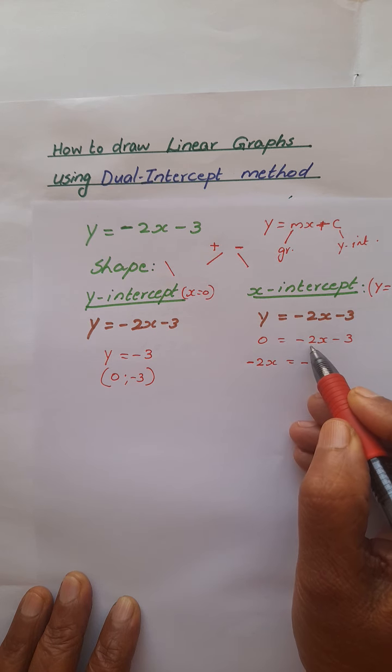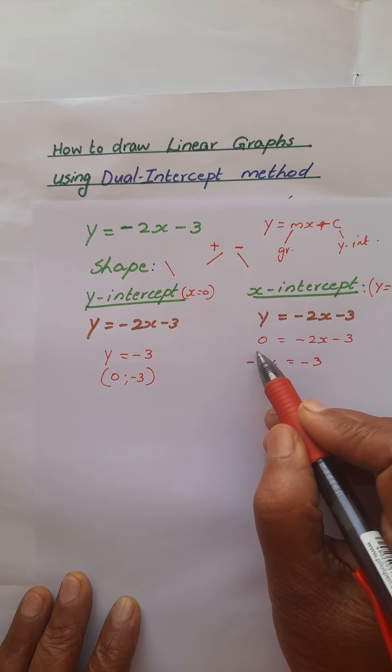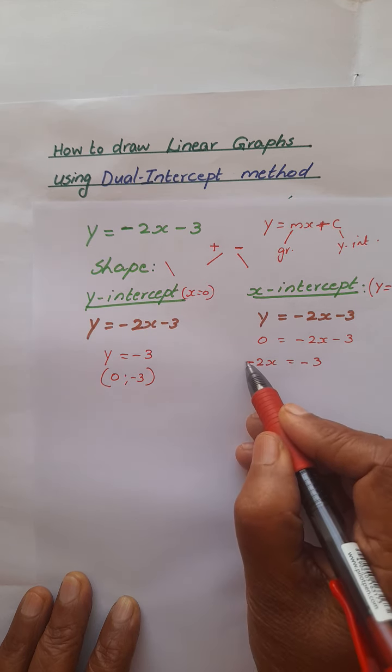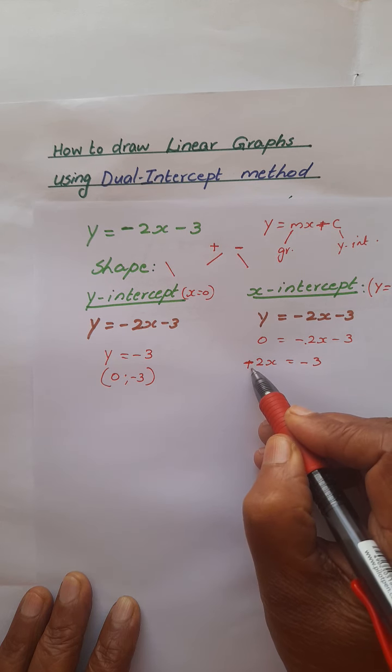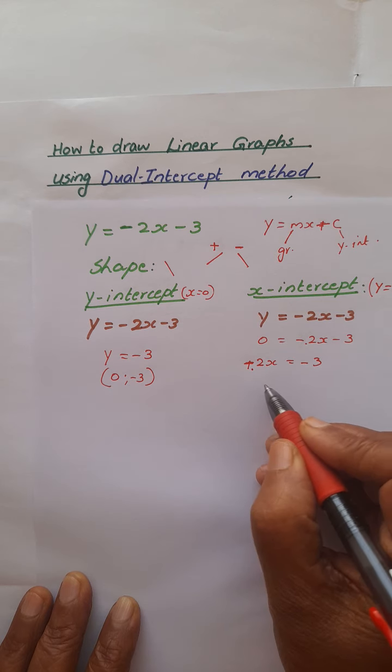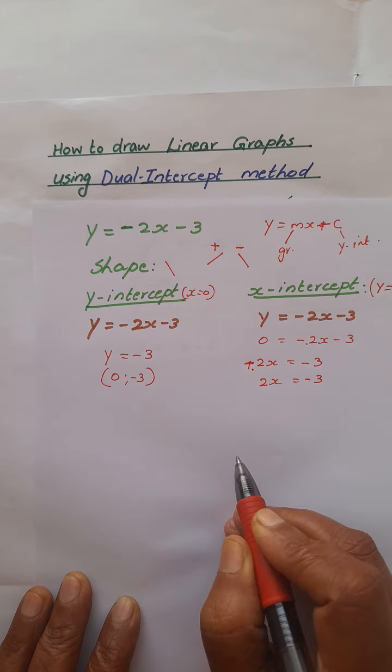When we take anything over the equal sign, make sure you change the sign. Here it is minus, so it becomes plus here. So it is plus 2x. In other words, it is 2x equals negative 3.